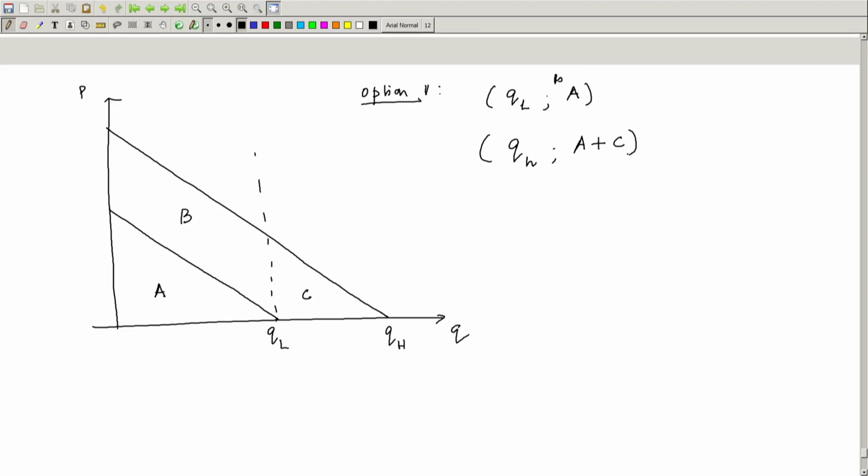The L type is not going to choose this contract, because the maximum willingness to pay for the L type is A, and clearly he is not going to be interested in paying A plus C. So the L type is clearly going to choose the first one.